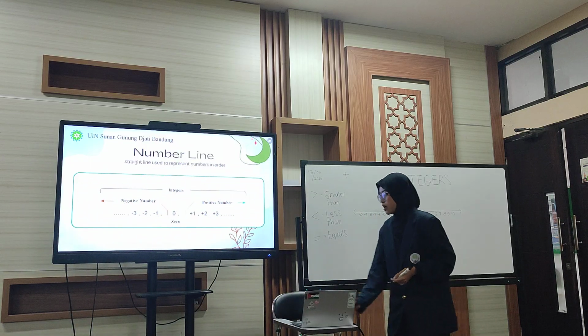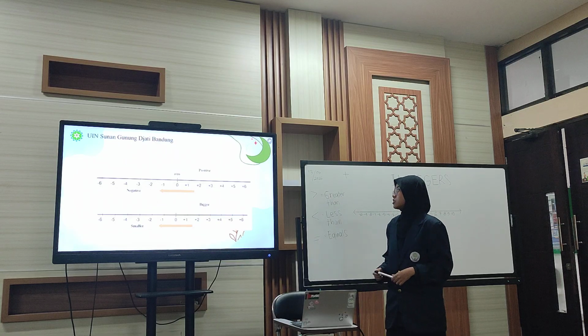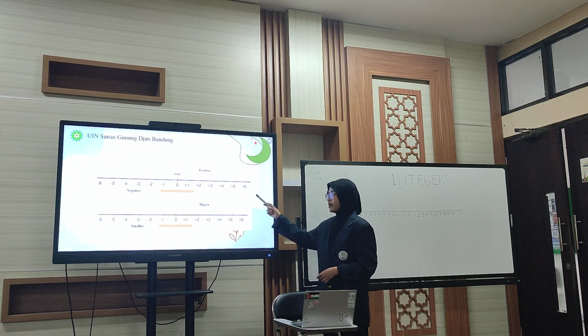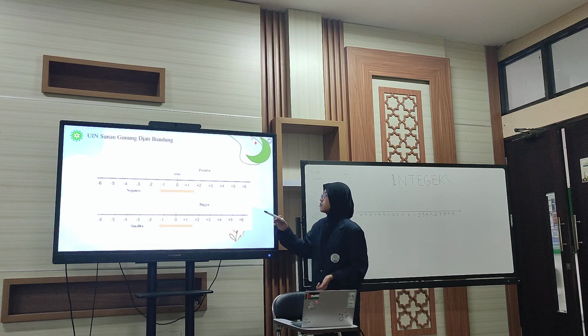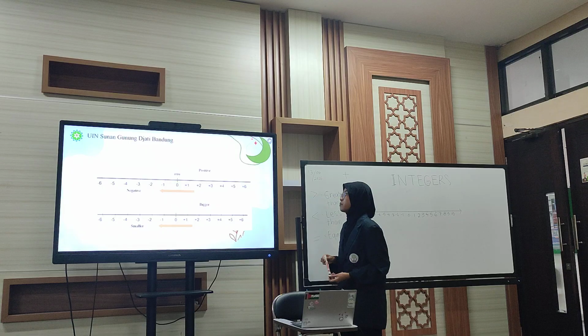The number line has 2 different conditions. If you go to the right, the number will be positive. But if you go to the left side, the number will be negative.